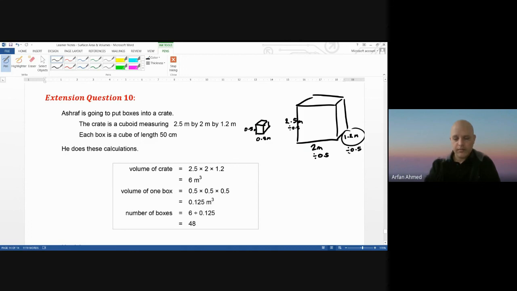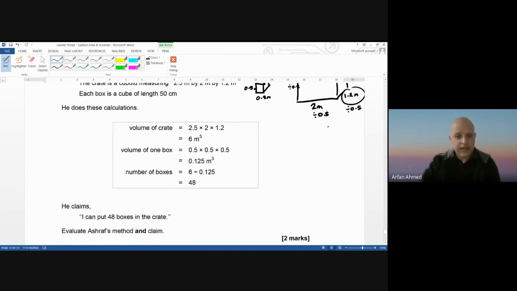That's 1 meter and a bit. You can fit 2 boxes in the 1 meter, but then the 0.2 of a meter, that's 20 centimeters, you can't fit another box there. So you'll have a gap, if you can visualize it. It's not going to fit exactly in this big crate, so his calculations are wrong.